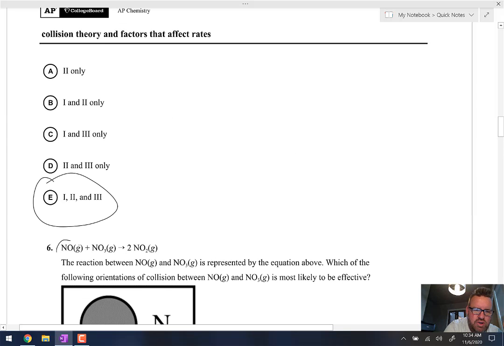If you're going to turn NO into NO2, is it going to be NOO or ONO? Hopefully you realize that the oxygen is going to form that bond with the nitrogen, not with the other oxygen. So we need this nitrogen to collide with one of these oxygens.